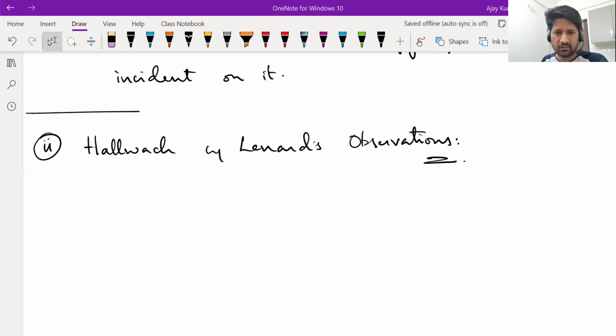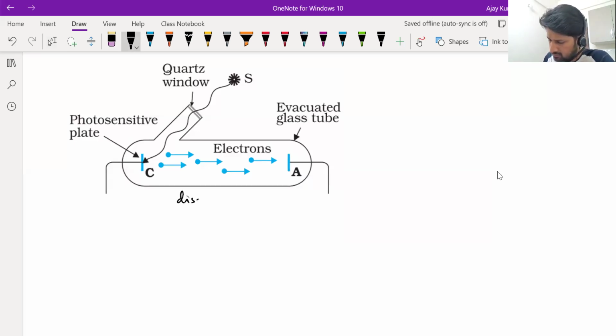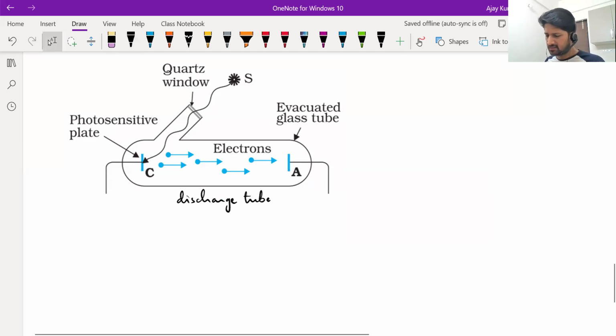Just a moment, I'll copy the diagram. So they considered a discharge tube. This tube that you see is what you call a discharge tube. It has two electrodes facing each other at the opposite ends. And there is a facility for radiation to be incident on one of the electrodes through the quartz window.